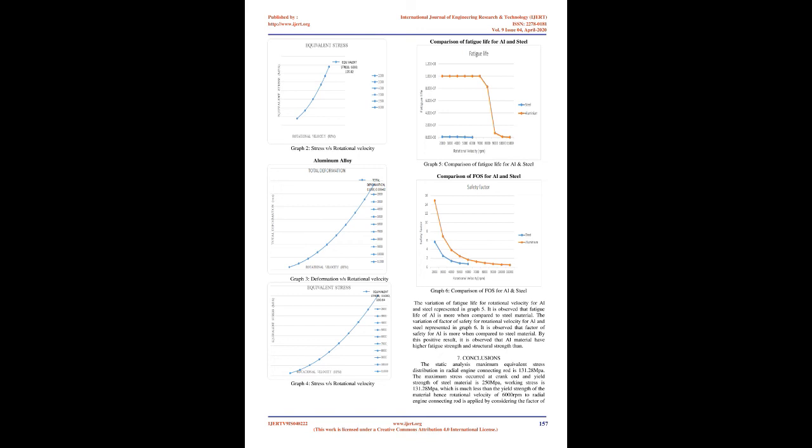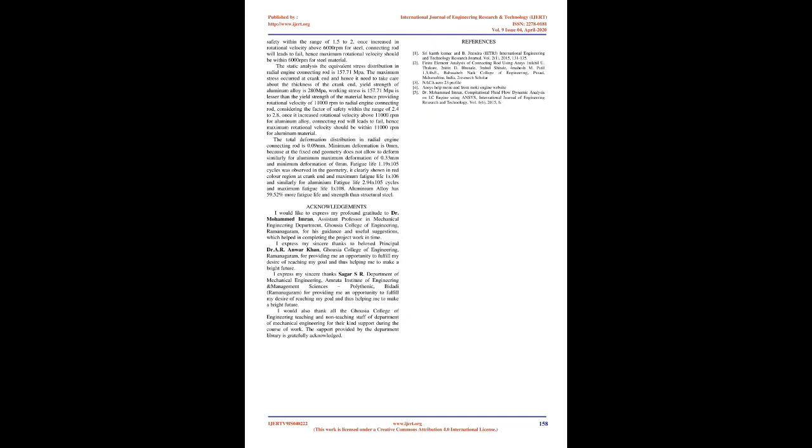The total deformation in the radial engine connecting rod is 0.09 mm. Minimum deformation is 0 mm, because at the fixed end the geometry does not allow deformation. Similarly for aluminum, the maximum deformation is 0.33 mm and the minimum deformation is 0 mm.